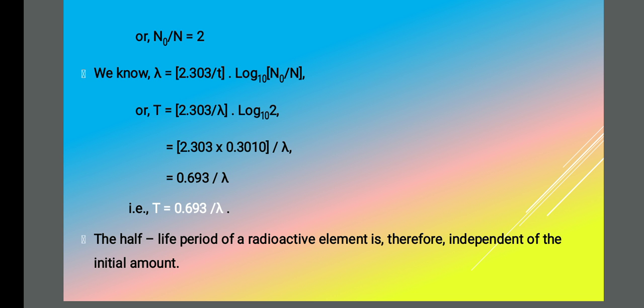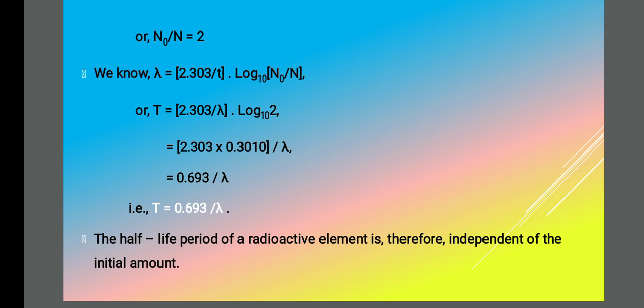And now we know the value. Is it okay? So now you get t is equal to 2.303 divided by lambda into log n0 by n, which is nothing but 2. And we know log 2 is nothing but 0.3010.